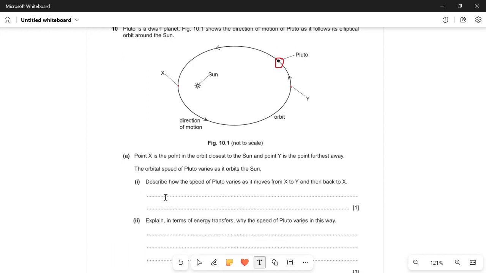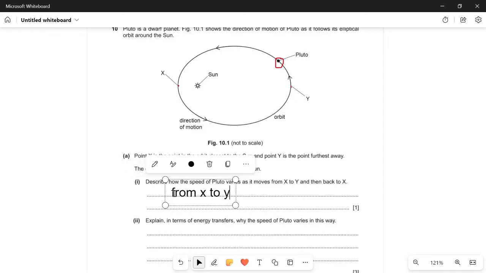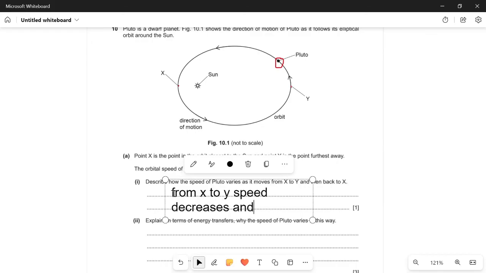So we can write: from X to Y, the speed decreases, and from Y to X it increases.